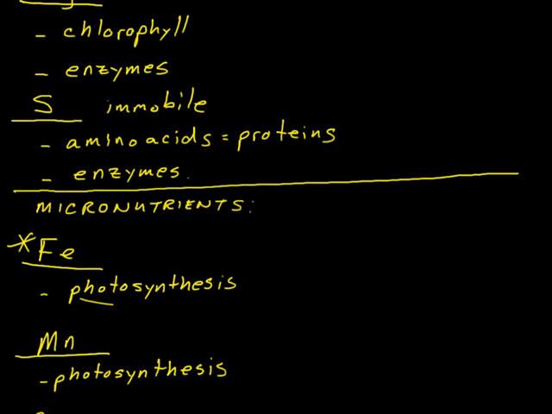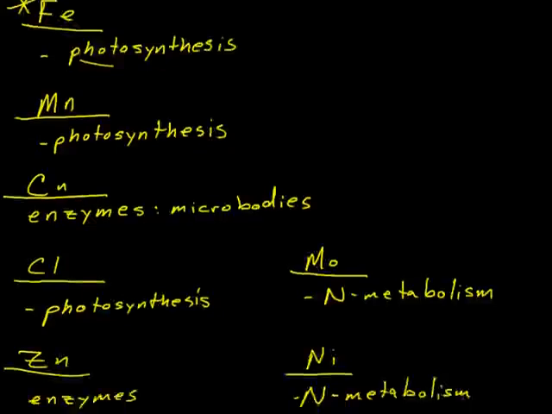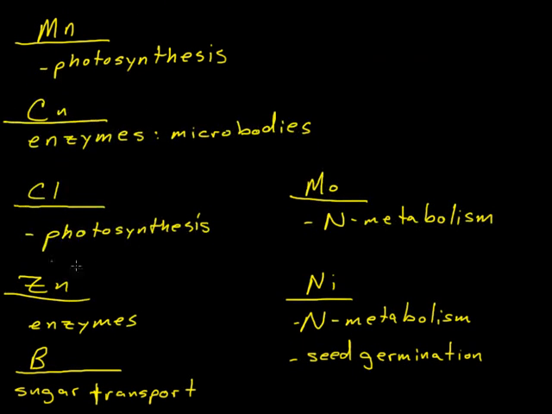As far as the micronutrients are concerned, I want you to know what they are, and be able to tell me what all of the micronutrients are. But in terms of physiological roles, for the most part, if you just said they're involved in some sort of enzyme system, you would be correct. However, they are still just as essential as the macronutrients. Some of them will pop up here and there in the course of the semester in the rest of this class, but the ones that we're most often concerned with in terms of fertilizing are the macronutrients and iron.